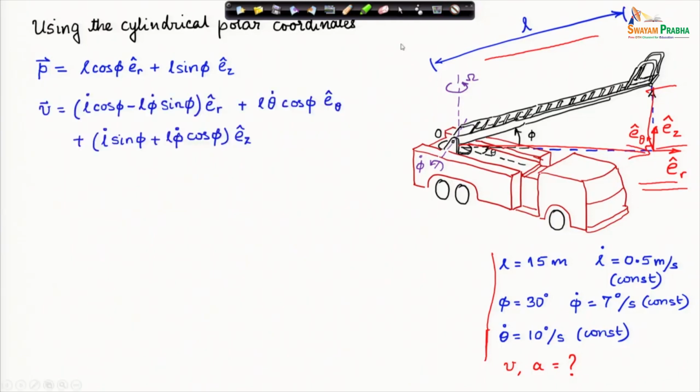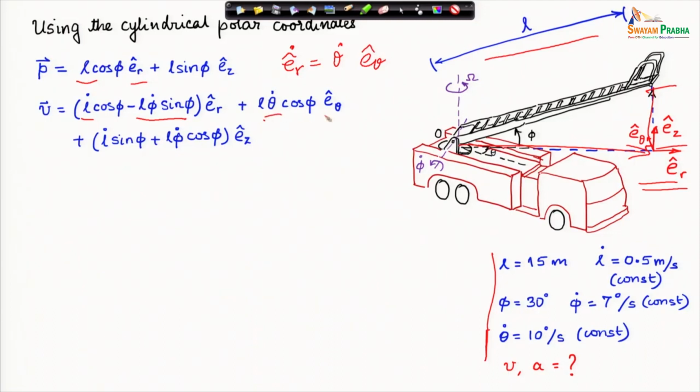Now, the velocity vector is obtained by differentiating this. I know the rules of differentiation, so I will differentiate that, and this is what we have. L changes, therefore L has a derivative, and phi changes, so phi has a derivative, so minus L phi dot sin phi e_r. Then e_r has a derivative, so L cos phi times e_r dot, and remember e_r dot is theta dot e_theta.